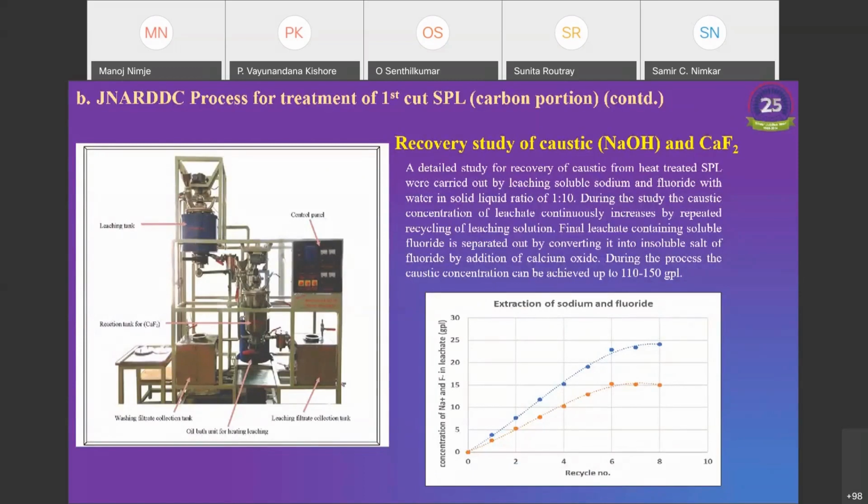The final leachate or filtrate containing the soluble fluoride is separated out by adding lime and converting it to the insoluble salt of calcium fluoride. During the process, the caustic concentration achieved was up to 110 to 150 gram per liter.